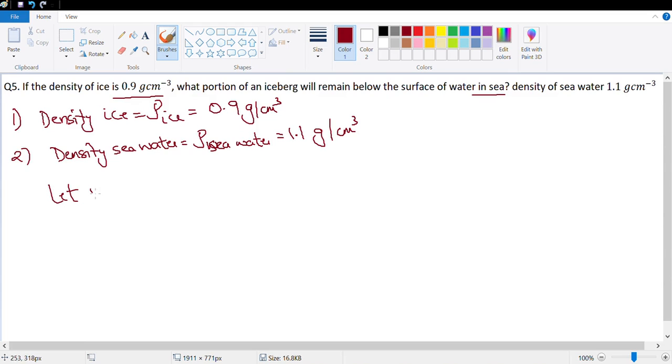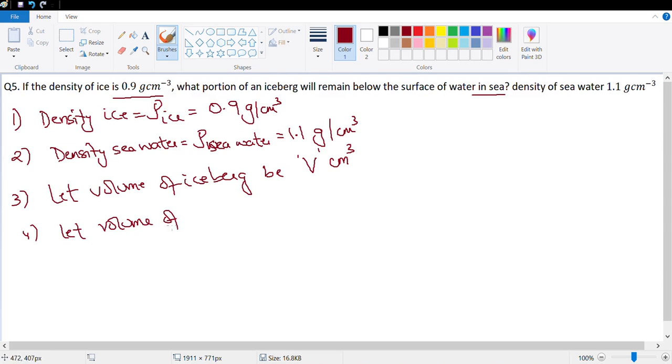Let volume of iceberg be capital V centimeter cube, and let volume of iceberg underwater be small v centimeter cube.